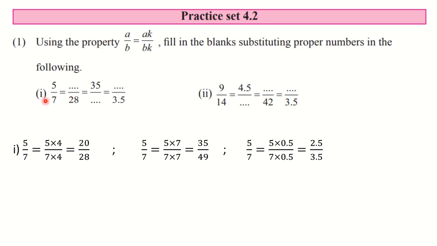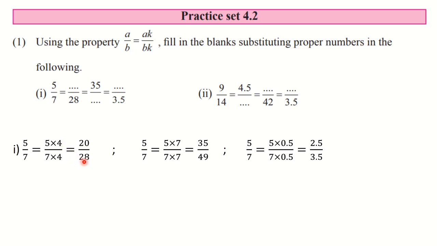See here 4 ratios are given. So we will take each ratio separately. We will take first and second. Okay. So the first ratio is 5/7 and the second here, 28 is given. So 28 I can write as 7 into 4. That means if I am multiplying 7 by 4, I have to multiply 5 also by 4.